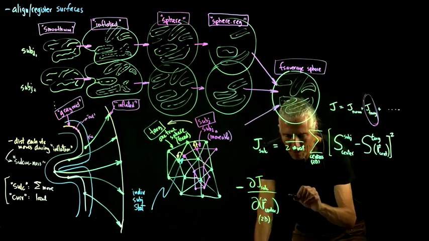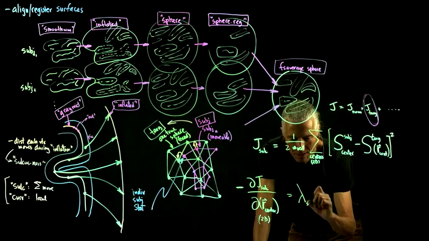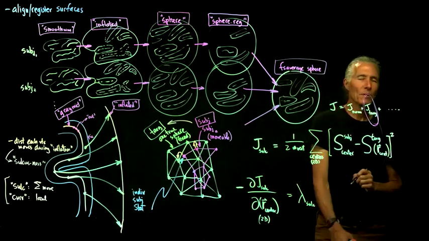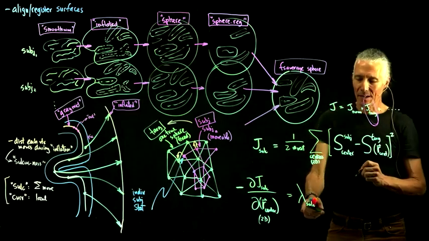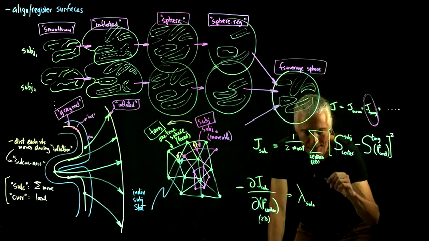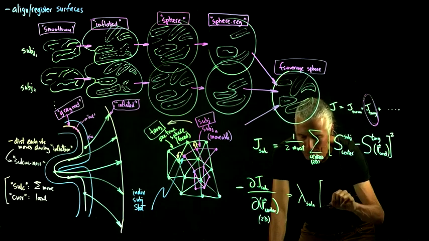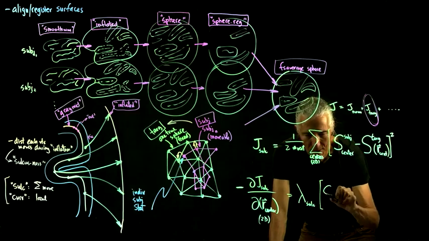so that's going to equal some parameter, which is how much we should value the reduction in error of sulcusness, and then times the derivative of that thing, which is going to look very much similar to the image one.